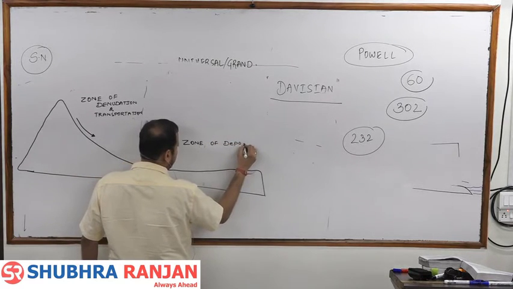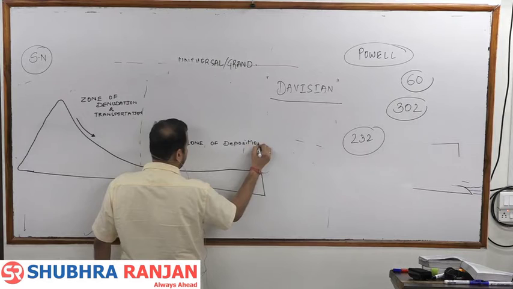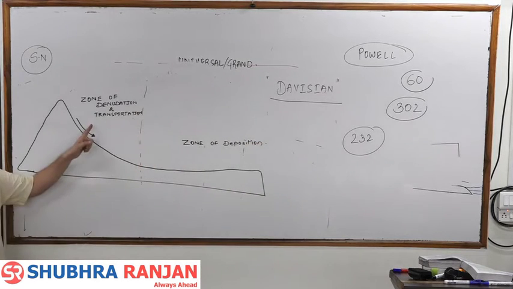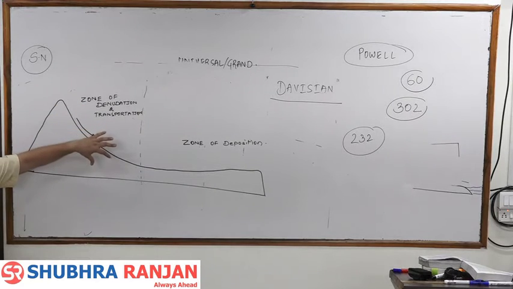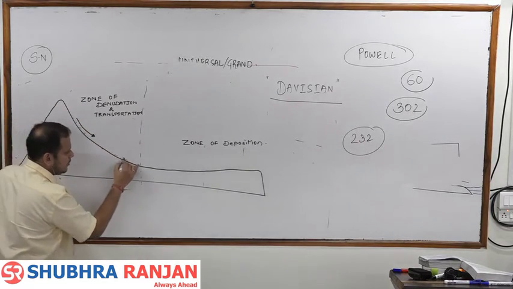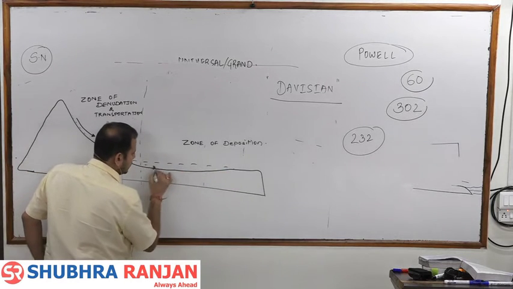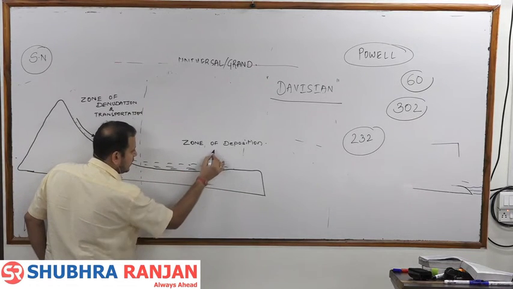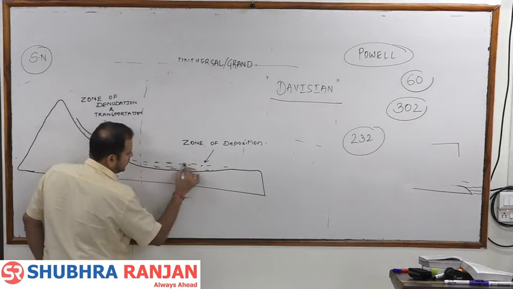Don't draw this diagram abhi. I'll first explain you how we are going to draw this diagram. See, this is the zone jahan pe erosion is going to occur and denudation, but the materials will flow down due to gravity, and after flowing down due to gravity, this materials will be deposited here. So over the period of time, this we will call it as a zone of deposition.